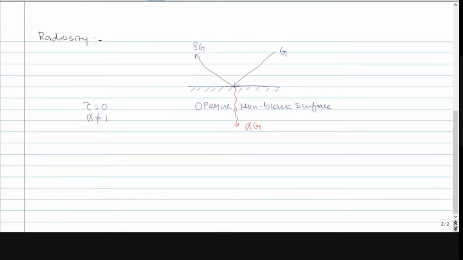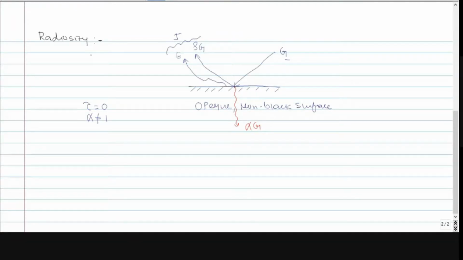As well as that, the surface also emits some radiation. This is the incident radiation G, out of that rho times G is reflected back, and this is the emission from this non-black surface, which is indicated by E. So the total energy leaving the surface is indicated by J, and J means the radiosity.